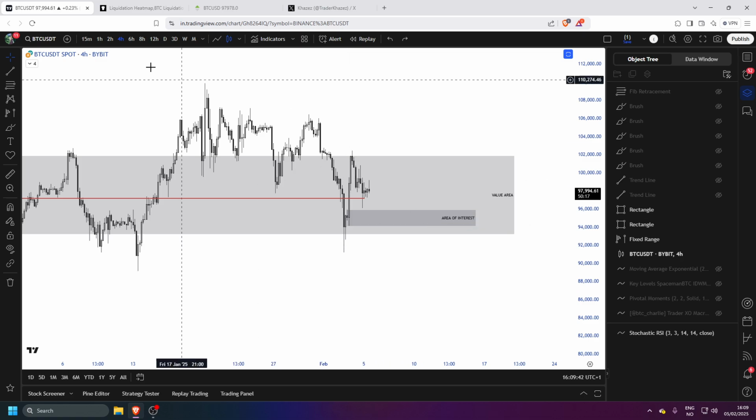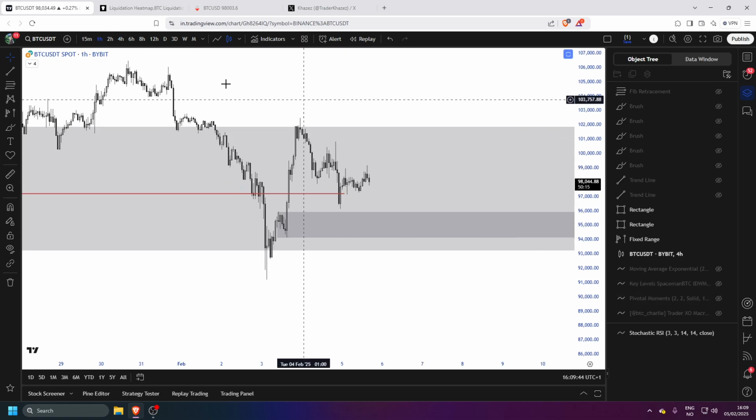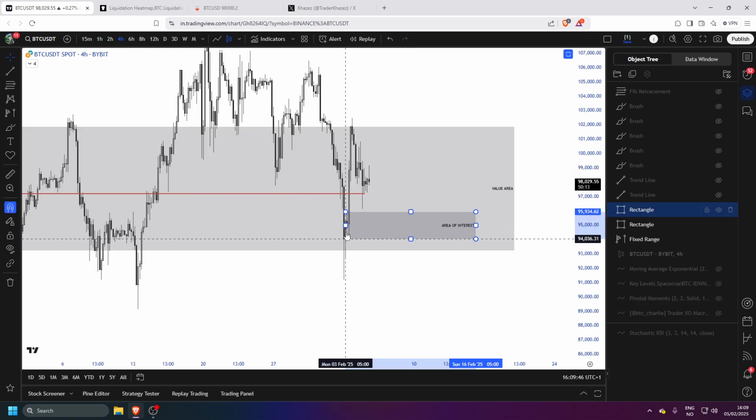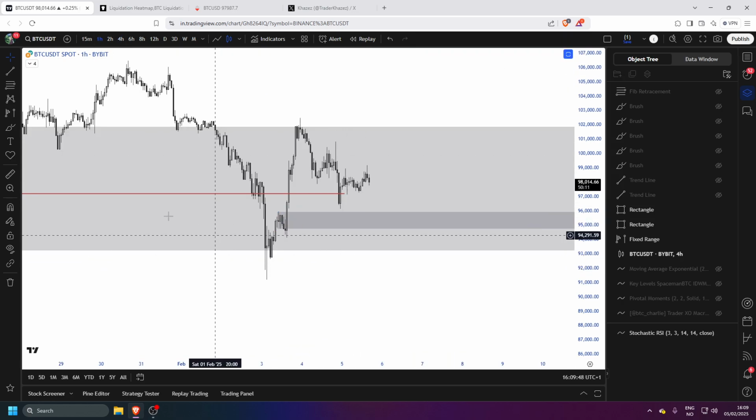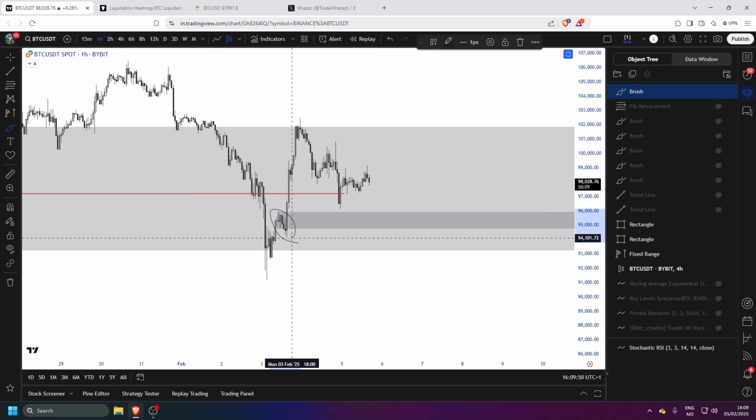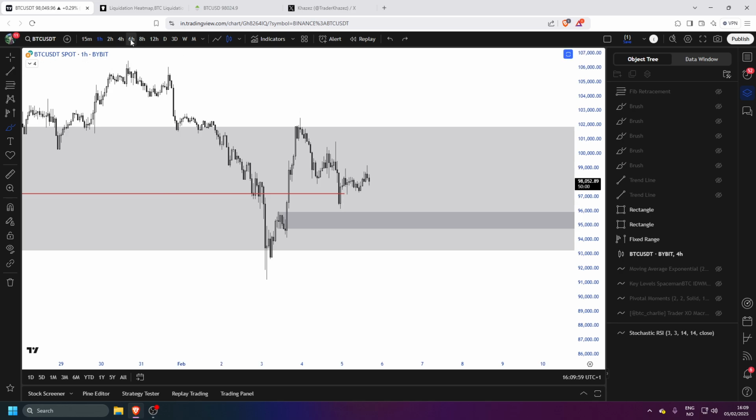I've drawn it down to this wick down here. The reason is if you just draw the H4 order block, you're kind of missing out on the rest of this whole pullback area, when this is a clean order block.